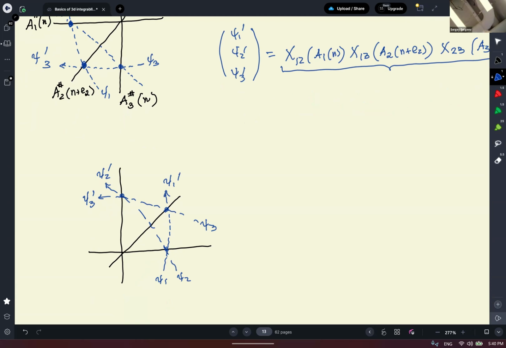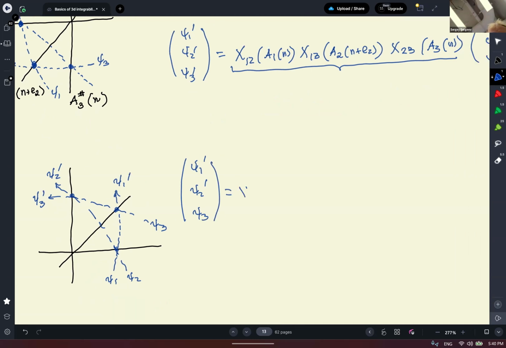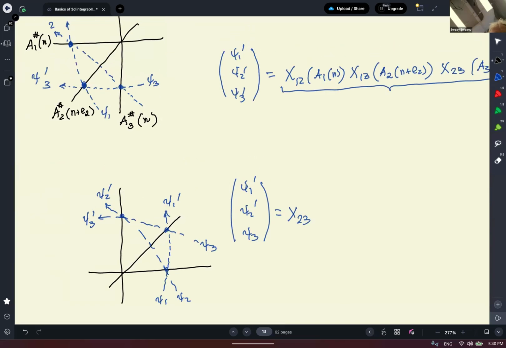Auxiliary variables inside this small blue triangle, they become different, of course. But when we exclude them, the result of exclusion will be x23 comes first, y comes first, since here we see a3 of n plus e3.